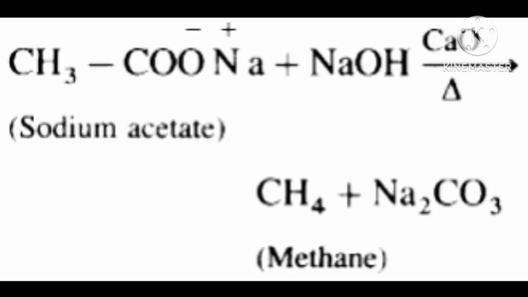You have already taken RCOONa, that is actually the salt. Then one more sodium will come from the NaOH. Or you can say NaO directly will come. It will form Na2CO3. Now one oxygen is coming from NaO, sometimes it may come from the calcium oxide also.